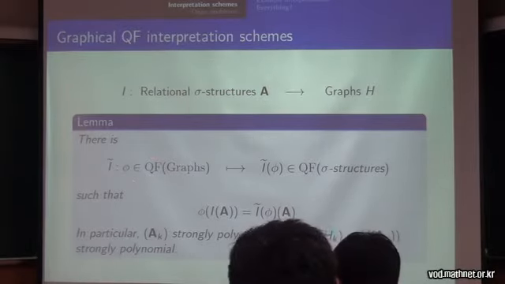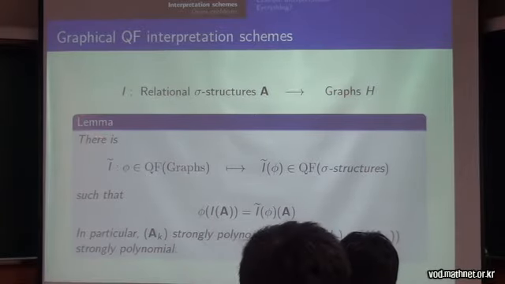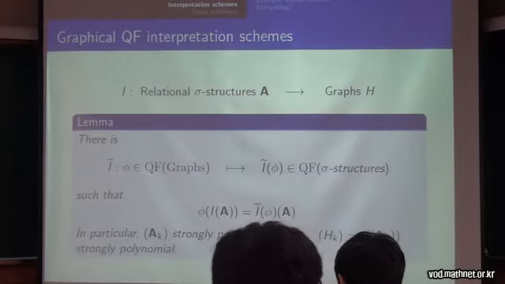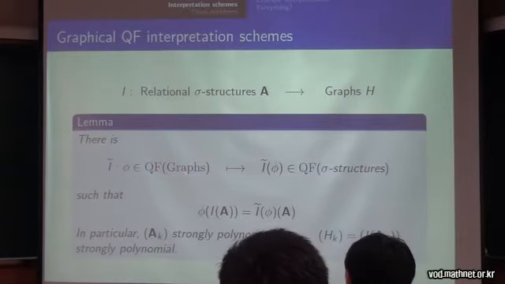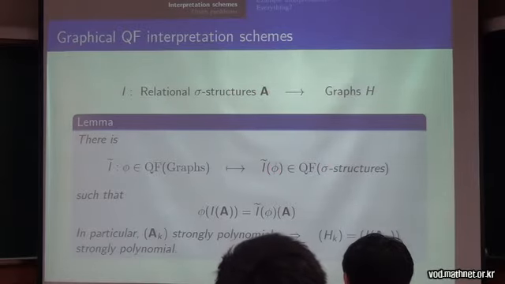And the lemma that makes things happen is that if I've got an interpretation scheme like this, then for every quantifier-free formula on graphs, in particular the one that expresses whether something's a homomorphism, I can send it to a formula in the language of this sigma structure, I tilde of phi, so that the satisfaction set of phi in the graph I of A, so I've gone from A to the graph H, is precisely the satisfaction set of I tilde of phi in this richer structure.